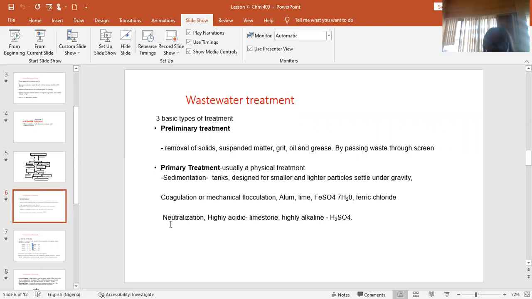In some instances, in a company, one part of the process produces alkaline water and another part produces highly acidic water. We just allow the two to mix together, and that neutralizes them. This is where I will start from next week. Any questions?